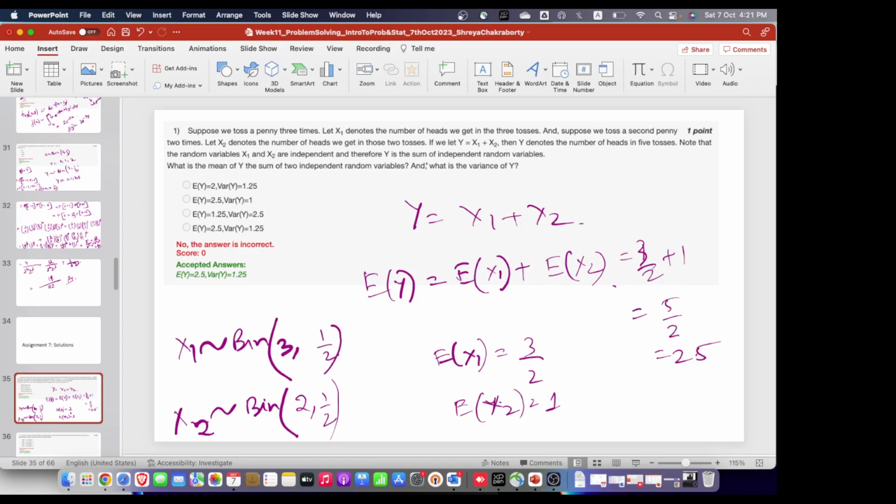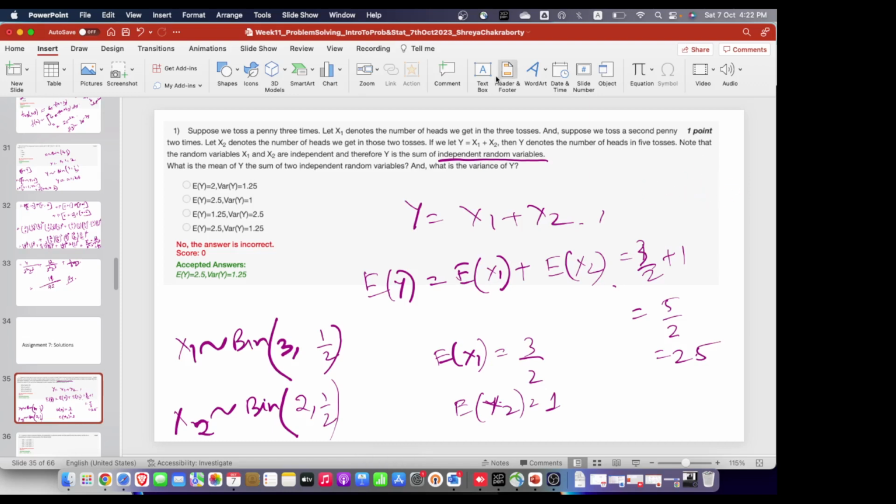Now it is given that they are independent random variables X1 and X2, because the coins are separate, and the outcome of X1 in the first coin will not depend on what the outcome is for the second one. So for that reason, variance of Y, we can write it as variance of X1 plus variance of X2. I'll write it in a separate page.